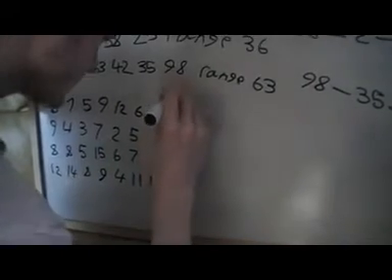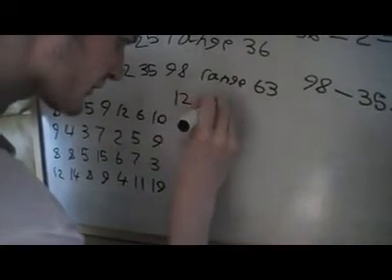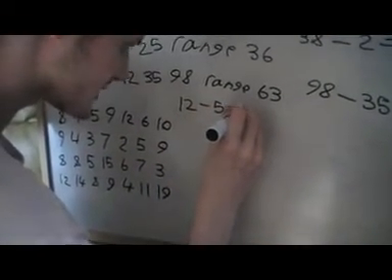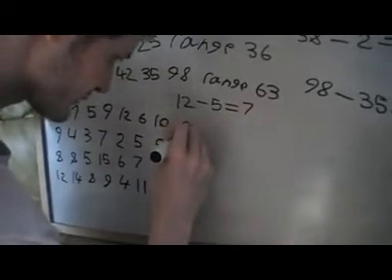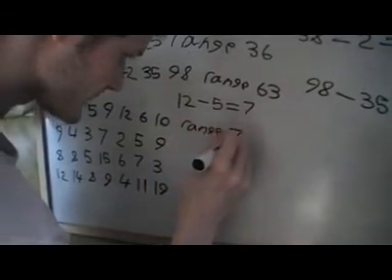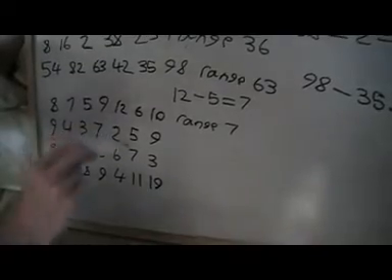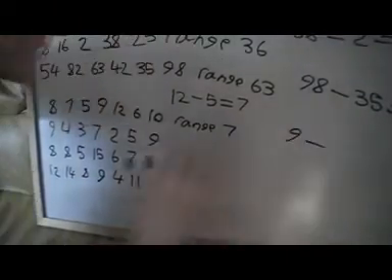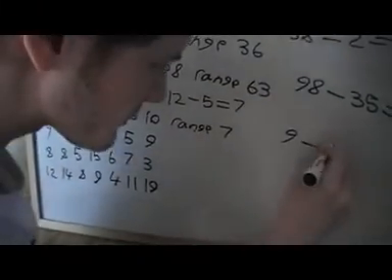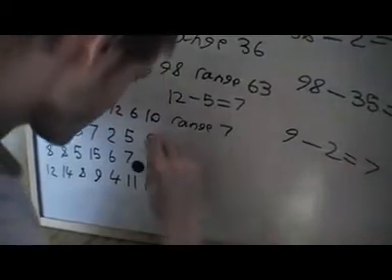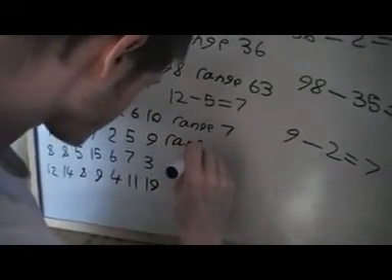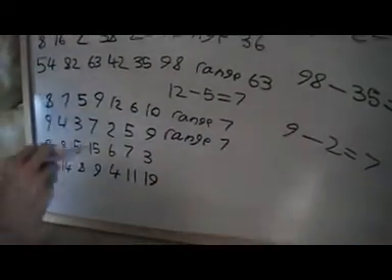So in the first one it's going to be 12 minus 5, which is 7. So the range for the first one is 7. And then for the next one I've got a 9, which is my biggest, and then 2 is the smallest, so I get 7 again. So the range for this one here is also 7.